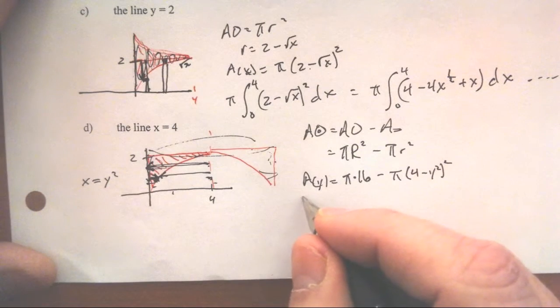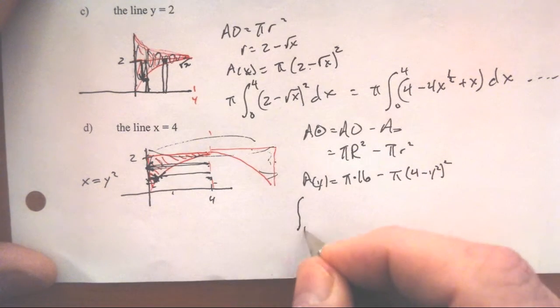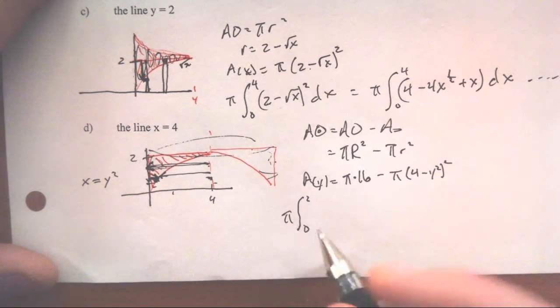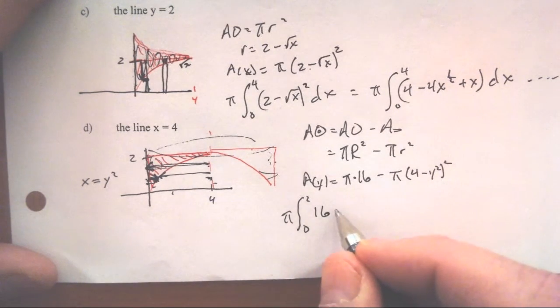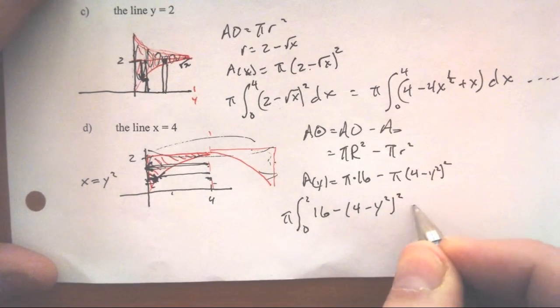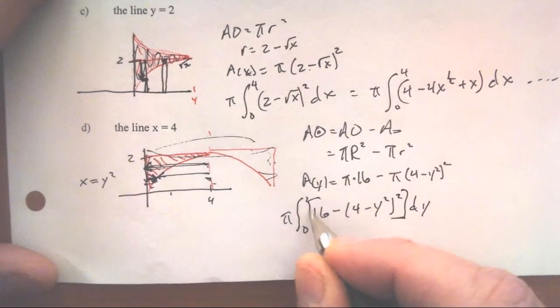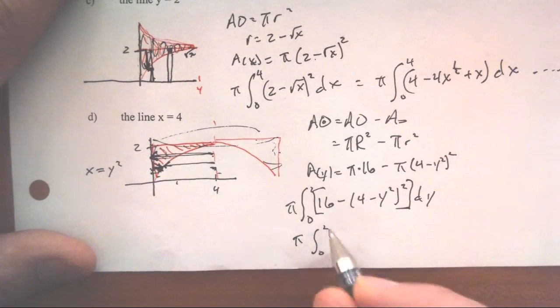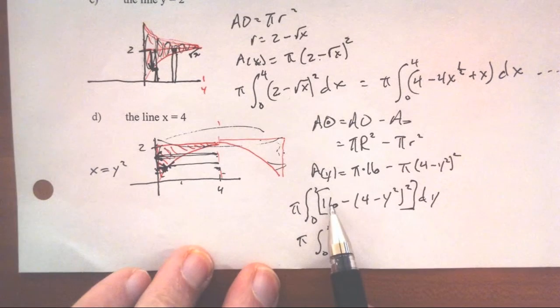So we have integral, our y's run from 0 to 2. We've got pi, we've got 16 minus 4 minus y squared, squared dy. One more step, then I'll leave it to the reader. 0 to 2, let's see. I get a 16.